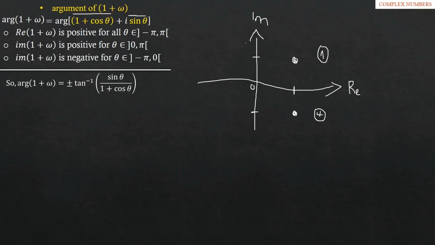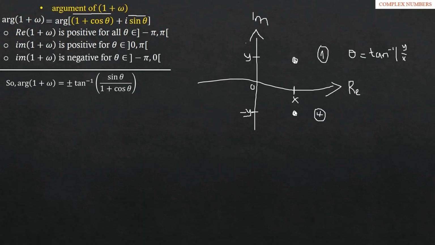Let me label this y, this -y, and this x. So in the first quadrant, our argument, if I call it theta, is just equal to tan inverse of the imaginary part, which is y, divided by the real part, which is x.